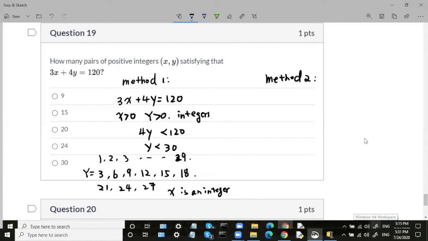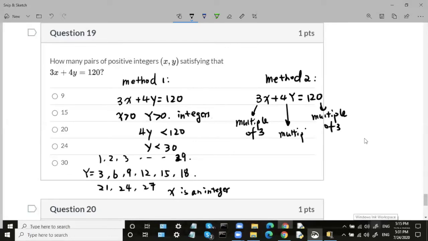Okay, so because we have 3x plus 4y equals 120, 3x is a multiple of 3, and 120 is a multiple of 3. So 4y also should be a multiple of 3. So let's review this property.